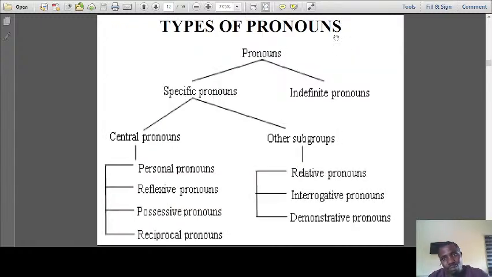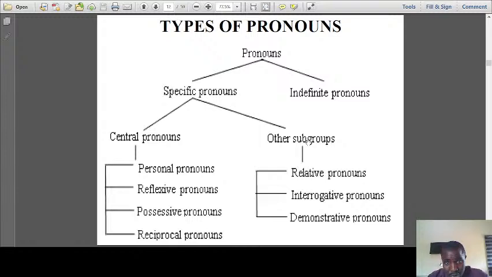That's pronouns, which is why we divide the class into two. We are going to resolve this, looking at different types of pronouns. Later we will talk about specific, indefinite, central, others.